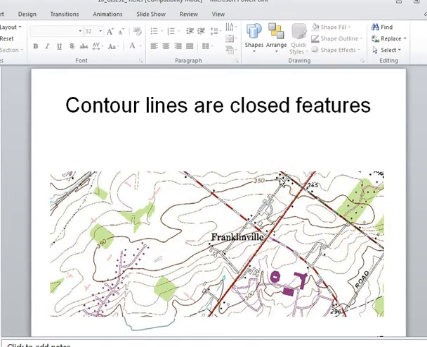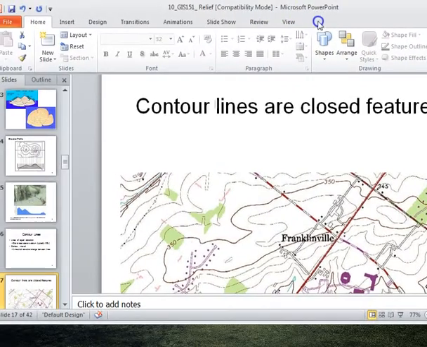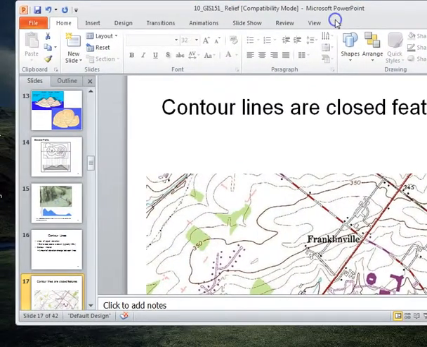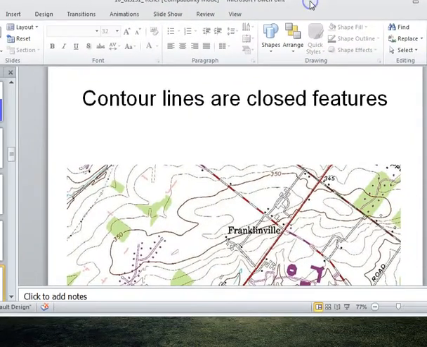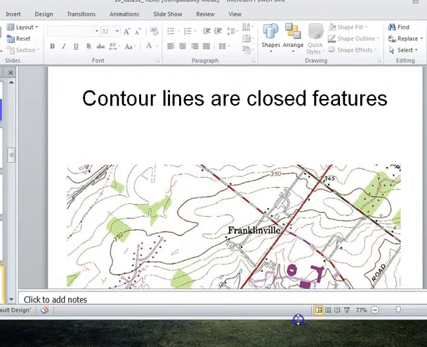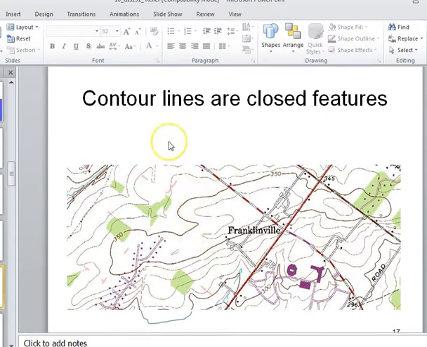Sometimes you won't get to see that because it's on the other side of the map, on a different map, but if you put the two maps together, you should be able to follow that contour line. That's one of the rules of a contour line, that they are closed features, and every once in a while you'll find one on a topographic map that's wrong, where they didn't close it.